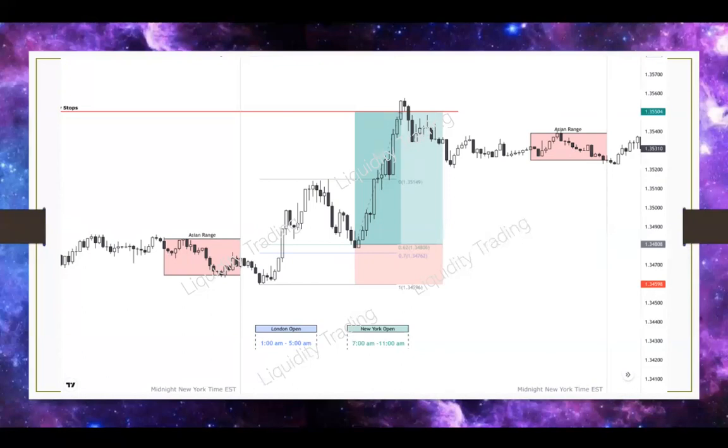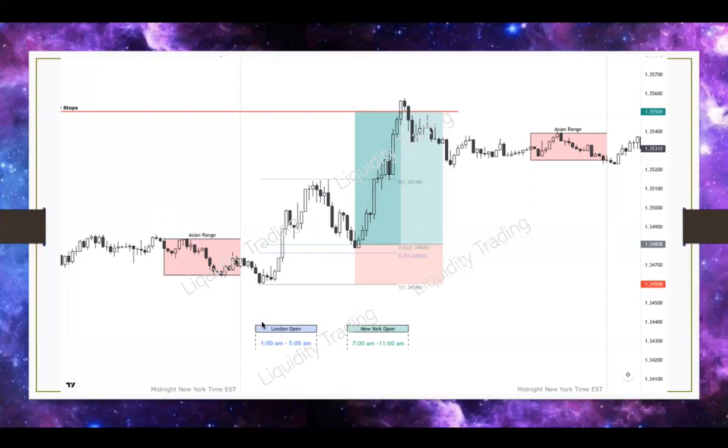Now notice in this example that we have a tight Asian range. We see the market trade below the Asia range at London Open. Again, on this chart, I'm only referring to New York time, EST.